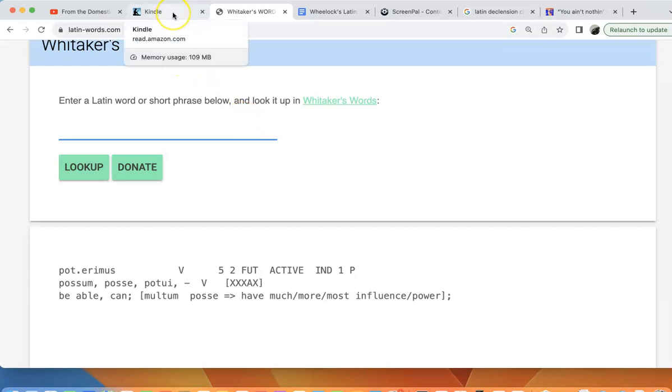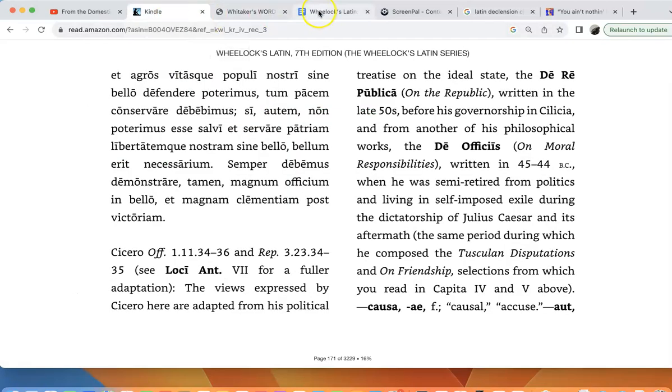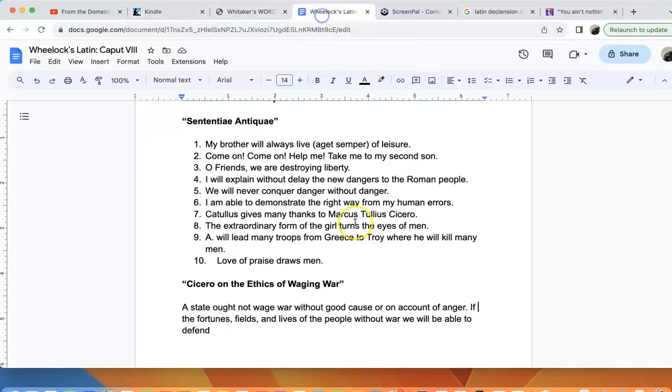So if we will be able, but English likes that subject and verb earlier, so we might want to say if we will be able to defend. Let's go ahead and just change that. So if we will be able to defend. Notice that English would probably say if we can defend, because English has an implied future tense, but we need to put it in the future tense because Latin tenses are more precise than English. For a Roman, they would not put it in the present tense.